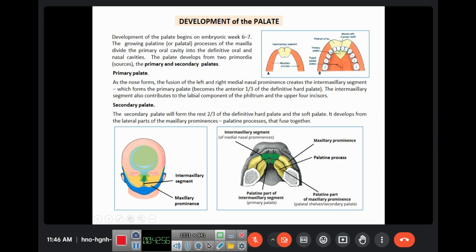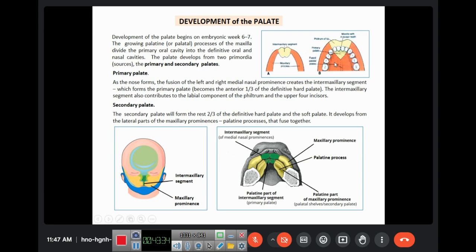Now, development of the palate. Palate starts to develop on the week 6, 7, and it has two parts, the primary palate and the secondary palate. So, the growing palatine or palatal processes of maxillary processes, shown in red color here, start to grow medially and form the palatine processes.